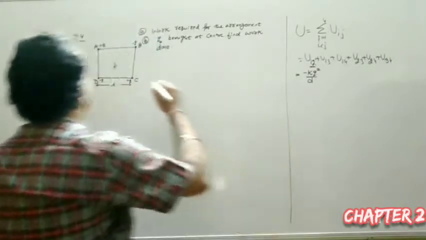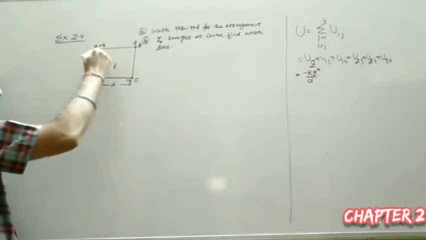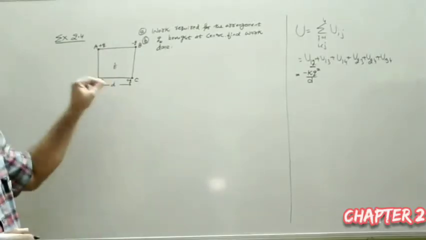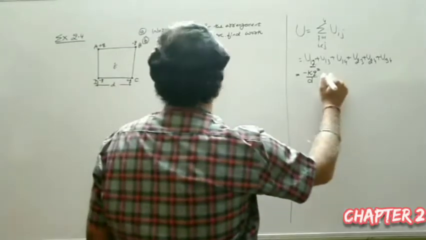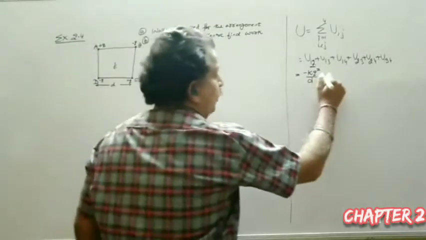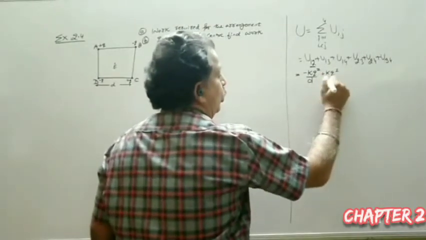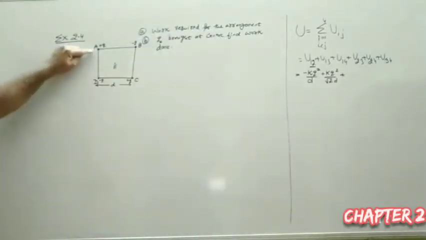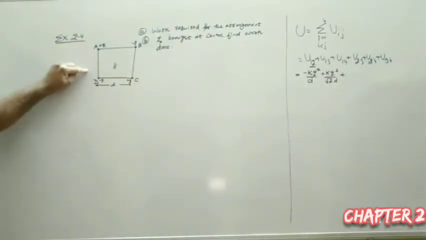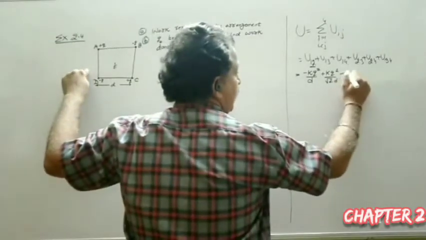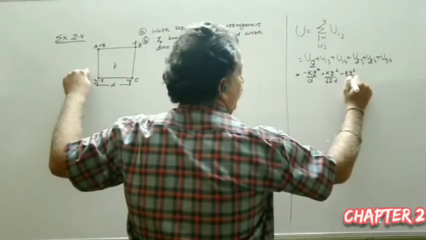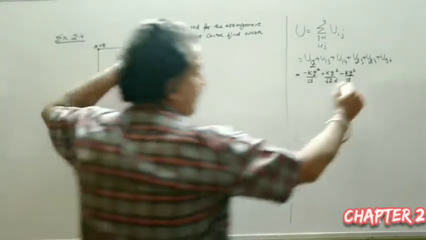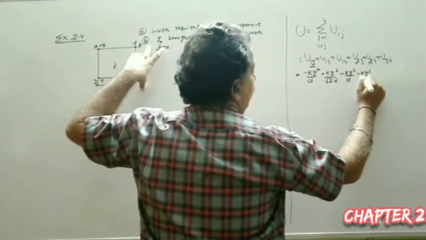Similarly 1 3: 1 3 means the diagonal, and this diagonal will be equal to root 2 D. They are both positive, so plus K Q square upon root 2 D. Plus 1 4, 1 4 means A and D, so again minus K Q square upon D. Then 2 3, so minus K Q square upon D.